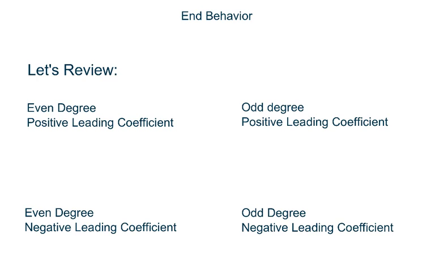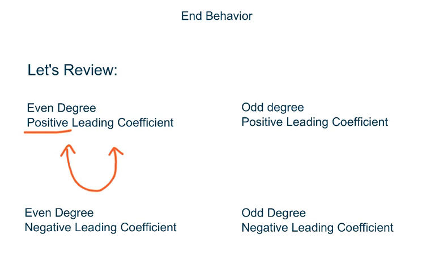This video is about end behavior, and now that we know about even and odd degree polynomials, we can identify end behavior just by looking at the equations. So let's review. We know that an even degree is going to have end behavior going in the same direction, and if it has a positive leading coefficient, it's going to look something like that.